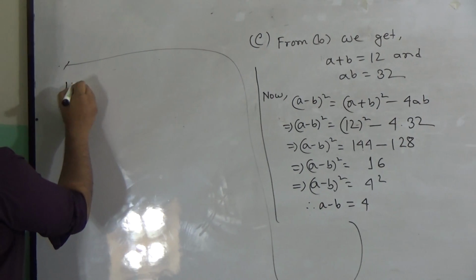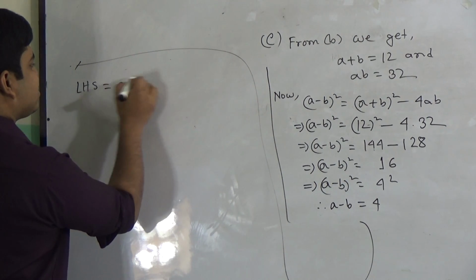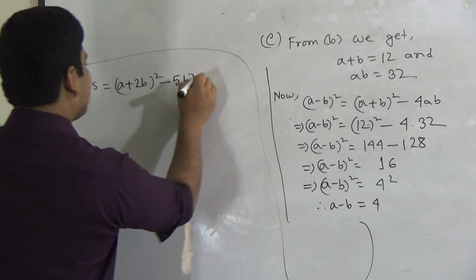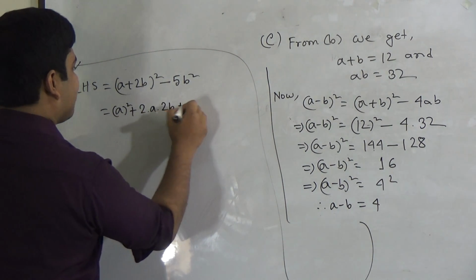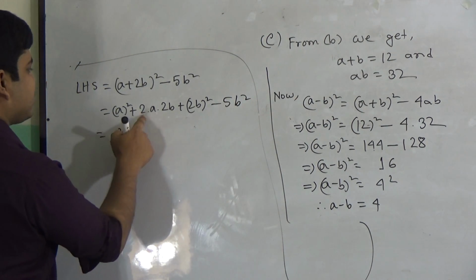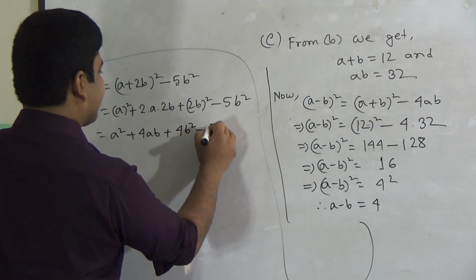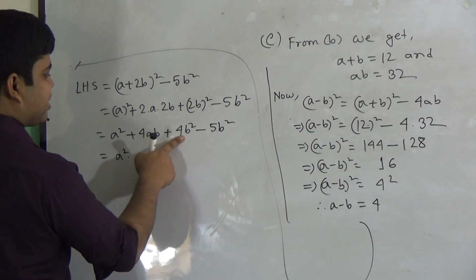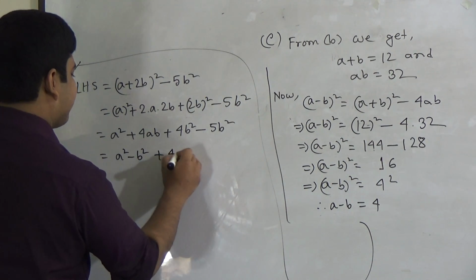Okay, so here LHS = (a + 2b)² − 5b². Now a² + 2·a·2b + (2b)² − 5b². So a², 2 twos are 4, 4ab + 4b² − 5b². Now if we subtract 5b² from 4b², then we get −b² + 4ab.